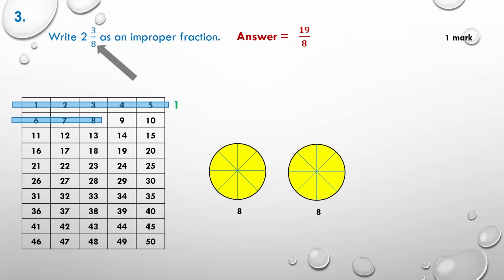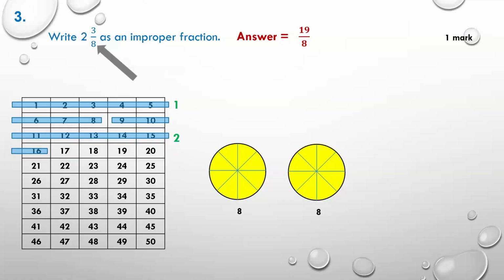And if we want to keep count, for those who like the idea of the tracker on the left side, then if we had 8, we're going to add 1, 2, 3, 4, 5, 6, 7, 8 more parts. So the two wholes will be 8 parts and another 8 parts, which is how many? 16 parts.